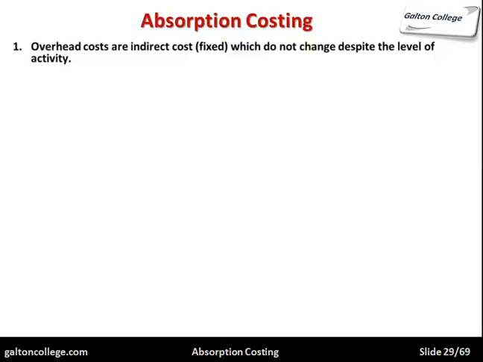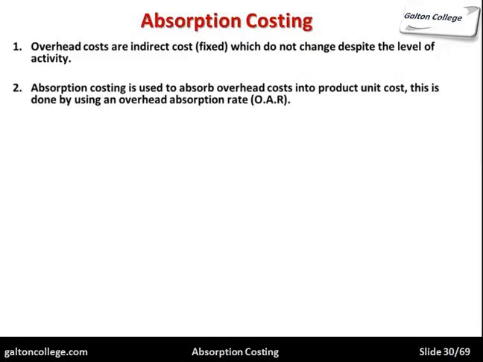So the company could produce a lot, it'll still have the same bill, or produce little. Absorption costing is used to absorb overheads into product unit cost. This is done by using an overhead absorption rate, which is known as the OAR, the overhead absorption rate.